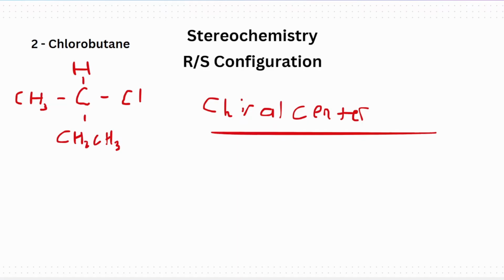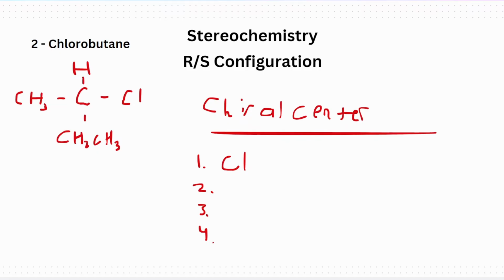Now that we have our chiral center, our next step is defining priorities. We have 4 different groups, so there are going to be 4 different priority levels within this structure. I'm just going to do 1, 2, 3, 4 right there. The way that you assign those priorities is based off atomic number. To start off, chlorine is going to be our first priority because its atomic number is 17.